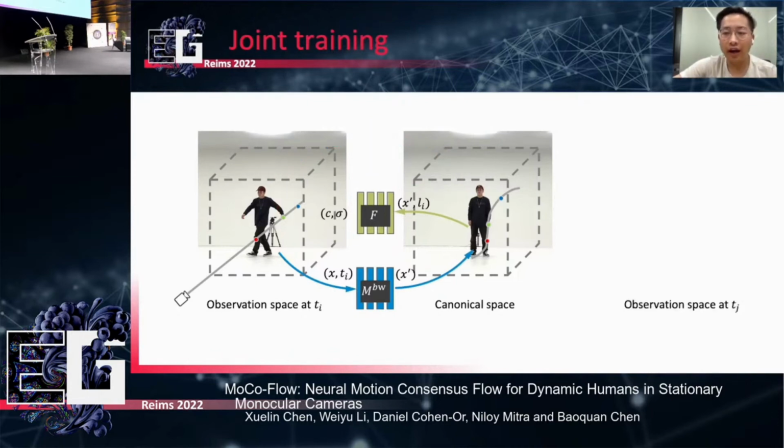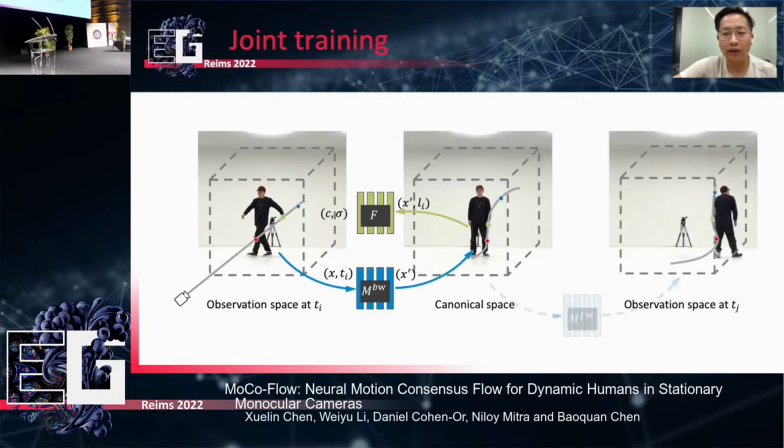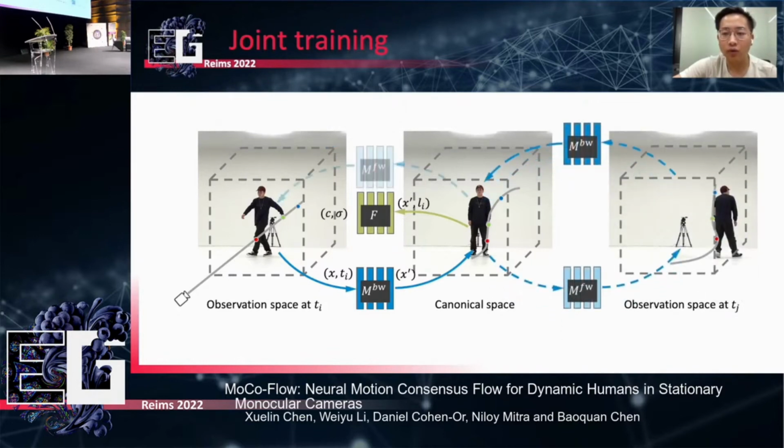Furthermore, to achieve high consensus through the whole video, we add a global all-to-all motion consensus regularization between Ti and a randomly selected Tj, with the canonical as a transit hub. Please note that in contrast to heuristic regularization terms, a regularization on the motion flow is general and does not assume any dynamic characteristics on the moving subjects.